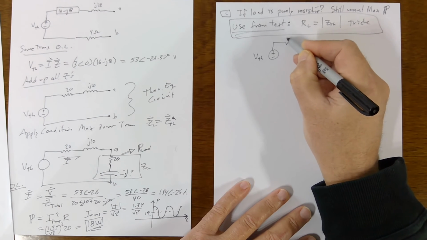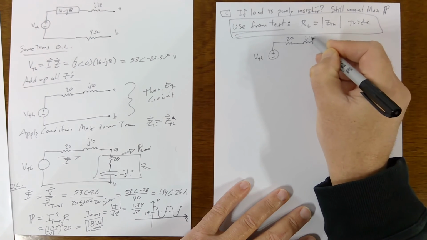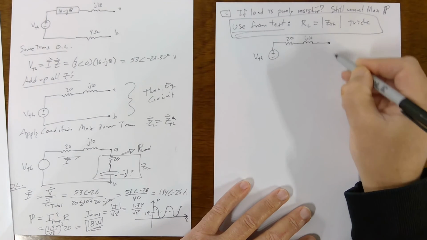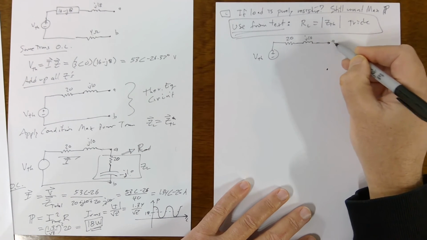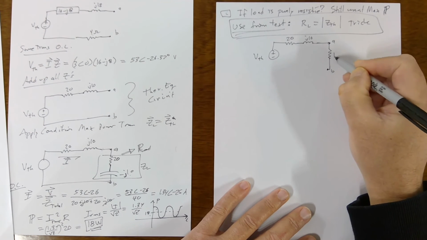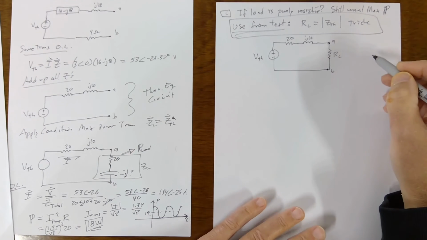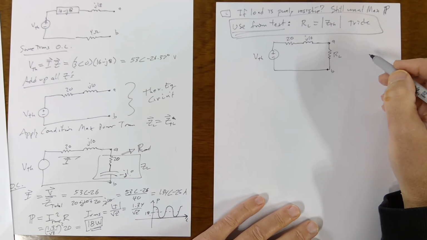I've got my Thevenin equivalent circuit. It looks like a 20 ohm resistor and a J10 inductor, and then there's nodes A and B. But now R sub load is just a resistor. It doesn't have an inductance.